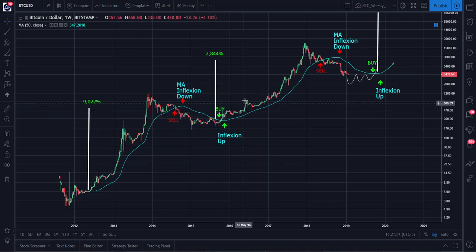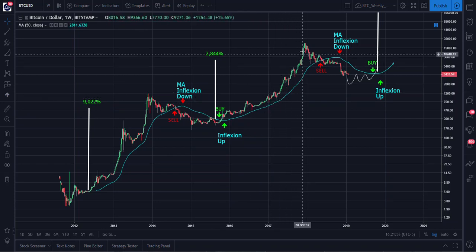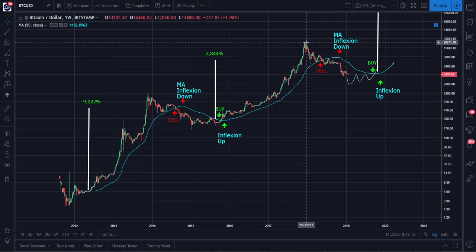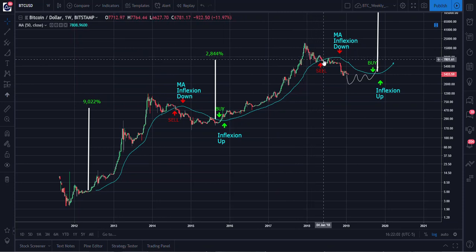And if we held it through all the ups and downs, all the squiggles and wiggles of the pricing, went to 20,000 and it decisively crossed in May of 2018, we would have made 2,844%. And again, the inflection point came afterwards, after the actual price crossing.